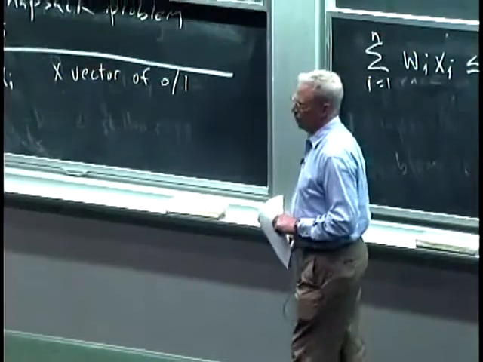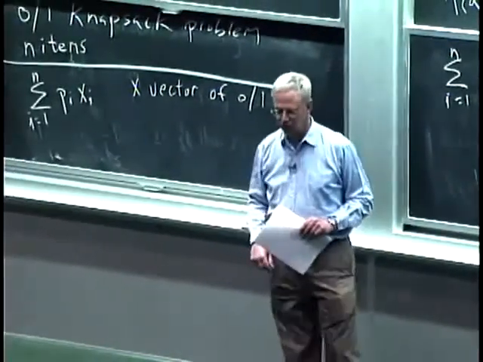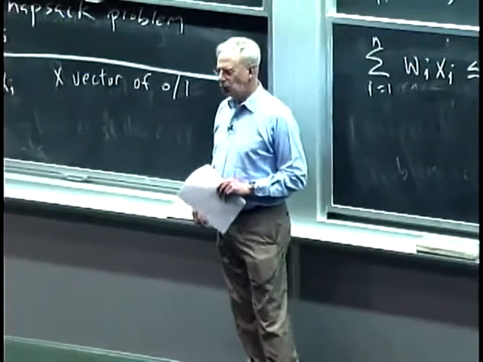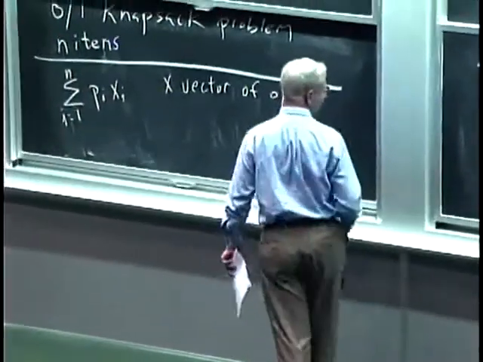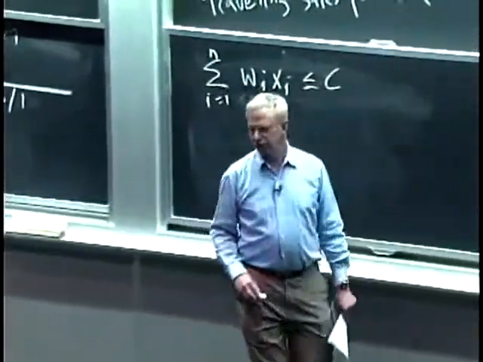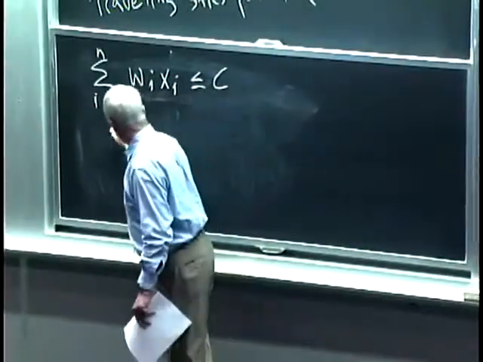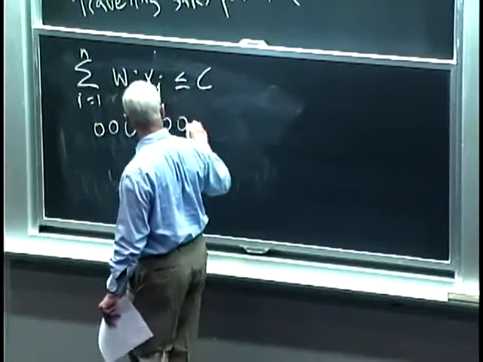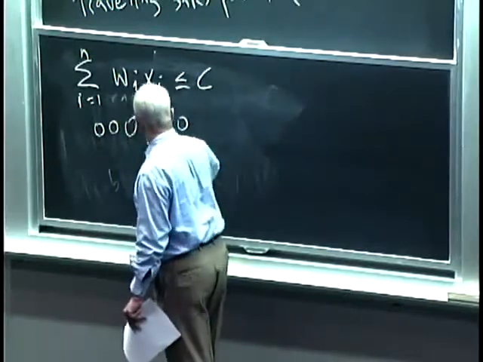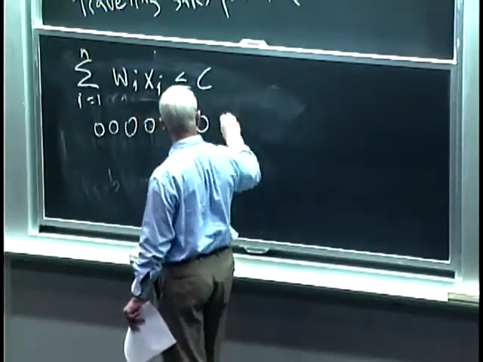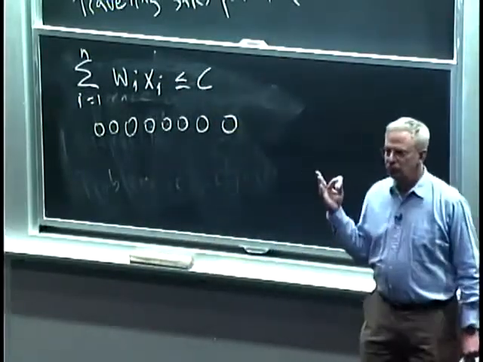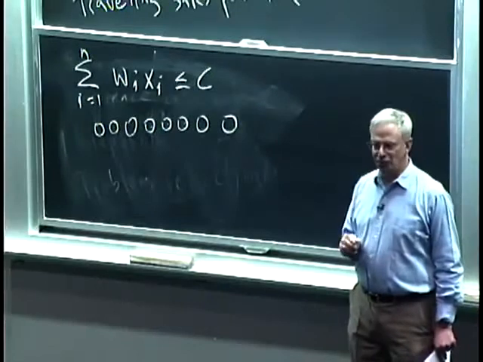Well, how can we think about that? A nice way to think about that is to say I've got a vector. So there's the vector with 8 zeros in it, indicating I didn't take any of the items.